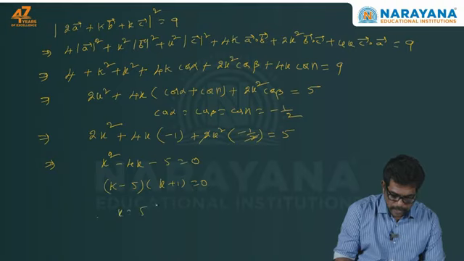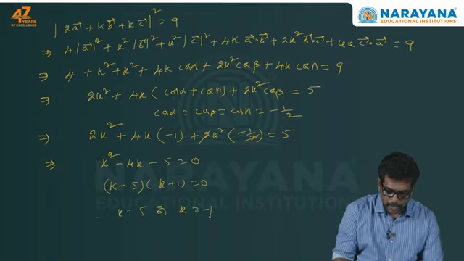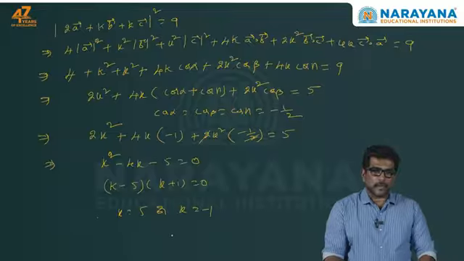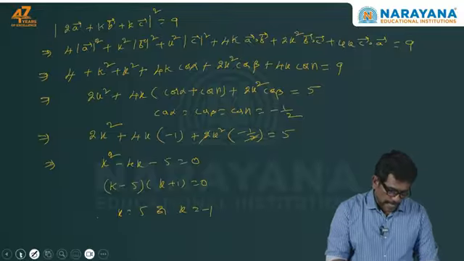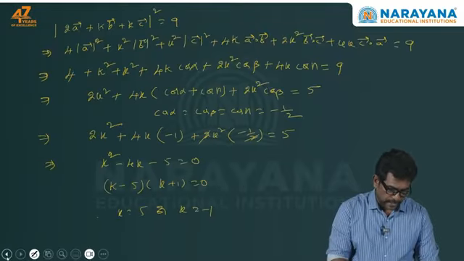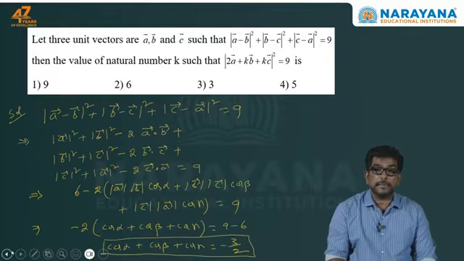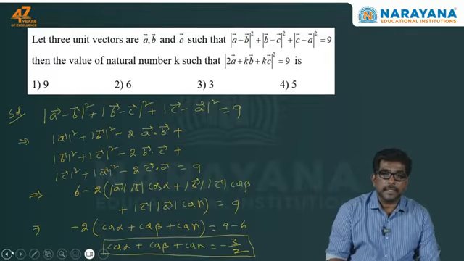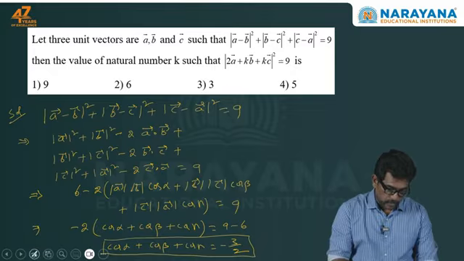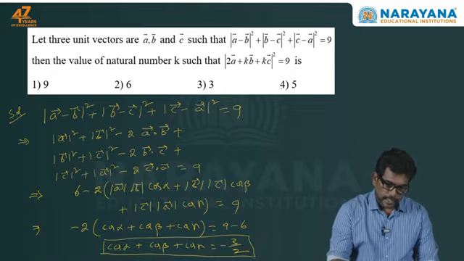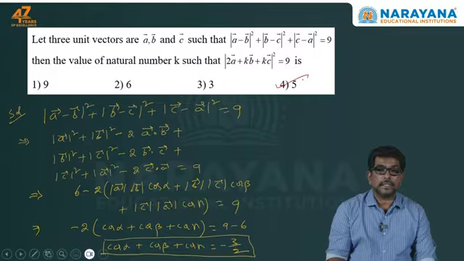Therefore k is equal to 5 or k is equal to minus 1. So if the pairwise angles between the vectors are the same, we get k is equal to 5.